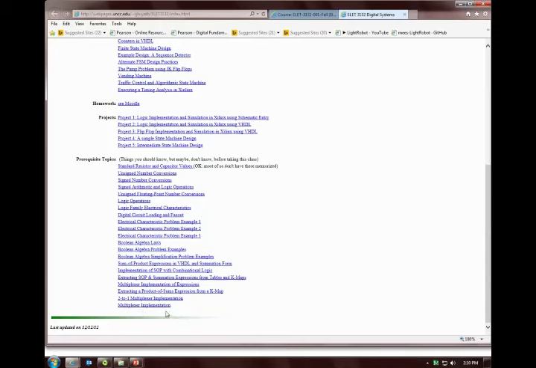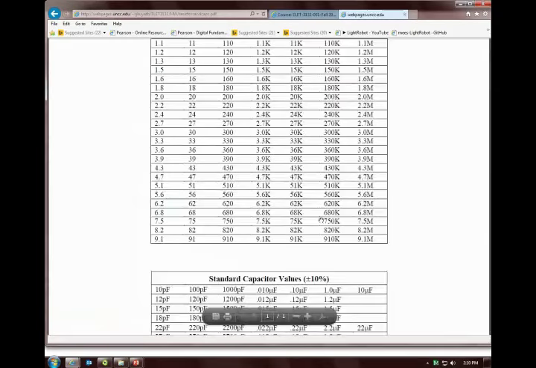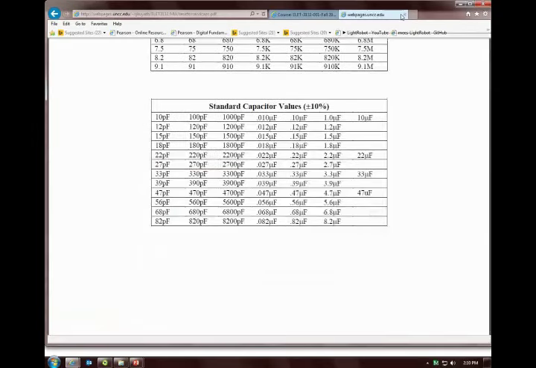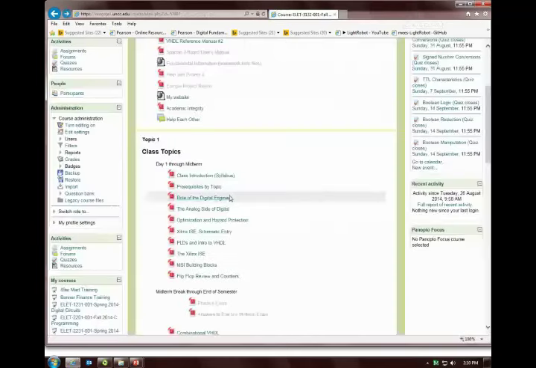Now, for some of them I ask you to please use a standard resistor size that's closest to it, like for the ones for figuring out a resistor size, use the one that's the closest you could get. So for that, go out here and look at standard resistor and capacitor values, because I don't expect you to know that, so you can come up here and look at those.